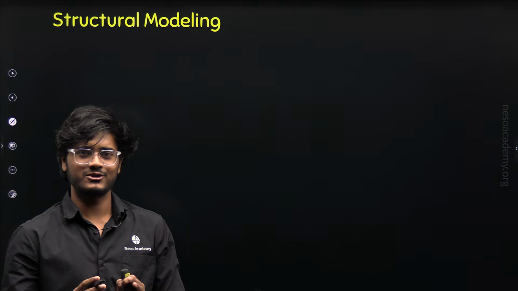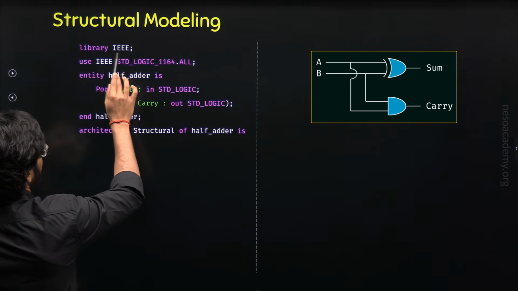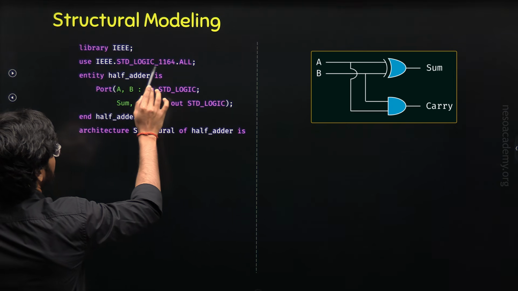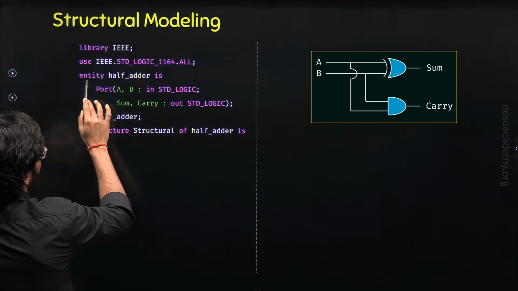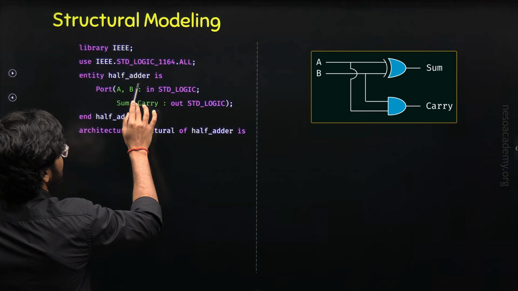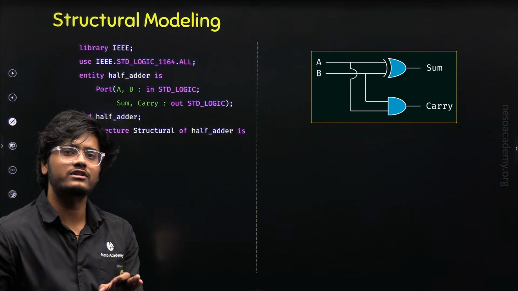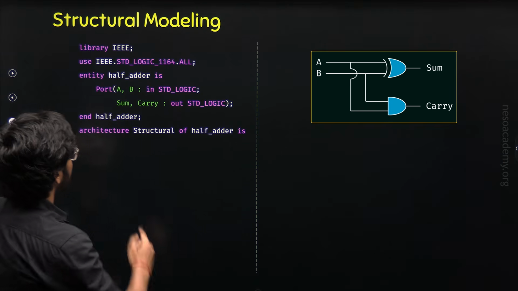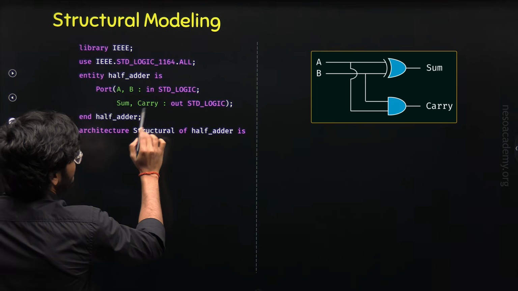modeling. So this is our structural modeling code, starting with the IEEE library and standard logic package. Then we have our entity, and here I am naming this entity half_adder. Why half_adder? Because we are writing the structural modeling code for the half adder. Inside the entity, we will declare the input and output ports.